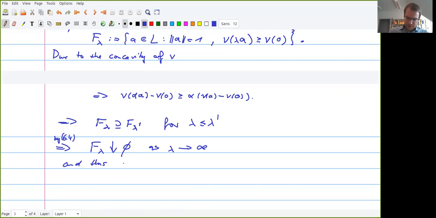And as such, there exists a natural number n_0 such that F of lambda is the empty set for all lambda which are bigger than n.